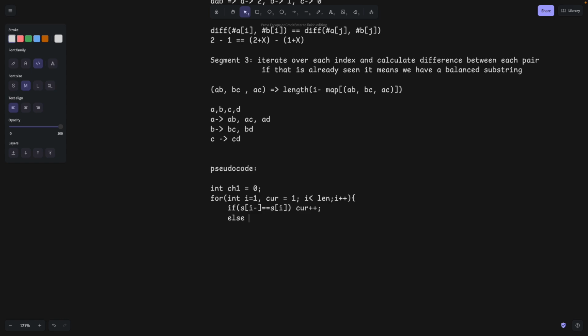we can maximize the distinct character 1, and it will be the current character itself, the previous one, and we'll reset the counter as well, equals to 1.